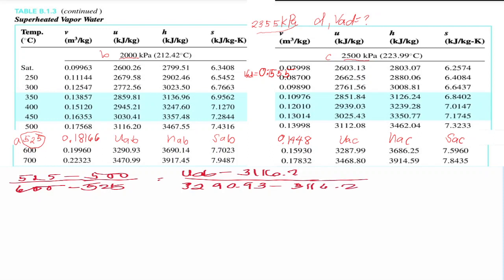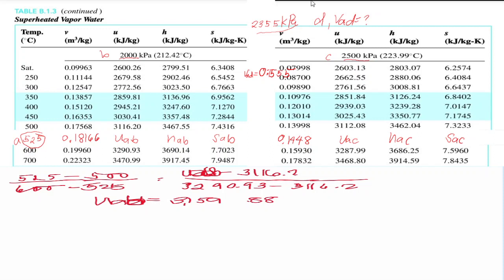So the value of your UAB, sorry, I overlooked it as UAD. This is UAB. Okay, I stand corrected.